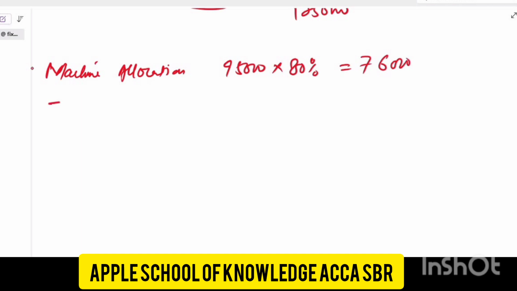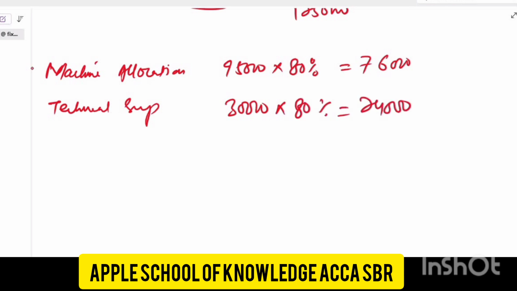And for technical support, the stand-alone price is 30,000 multiplied by 80%, then you will have 24,000. So this is the discount percentage. If you deduct the discount percentage, 100 minus 20, then you will have 80%.